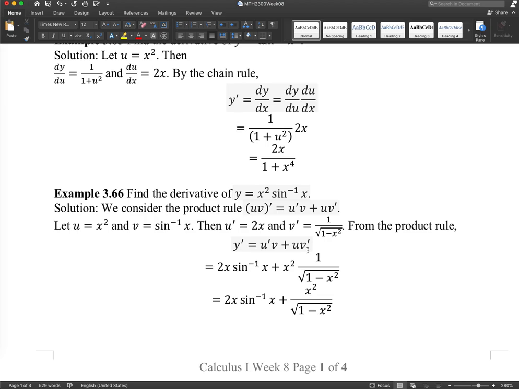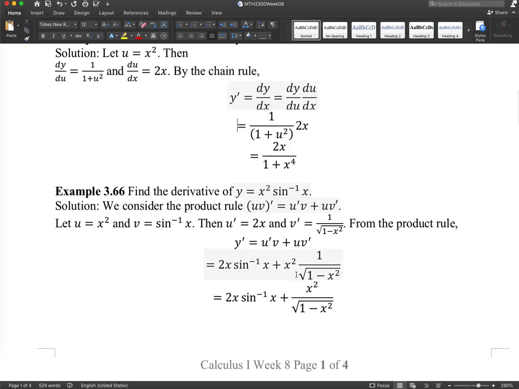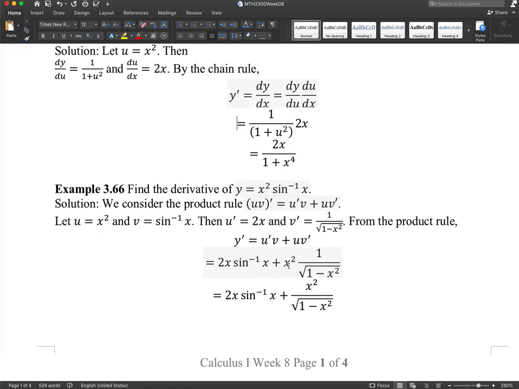Lucky in this case, there's really not a lot of simplification. You may want to keep the answer as it is. The only thing I did in the next line, for this fractional part, to make it clear that x squared is part of the numerator, I just moved x squared to the top and kept everything the same.